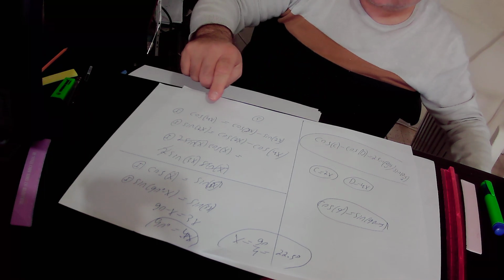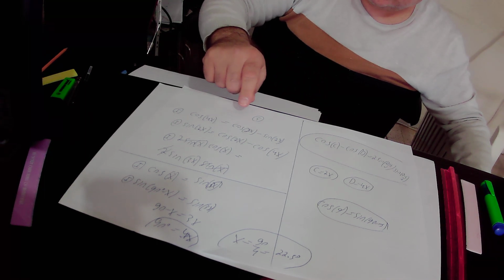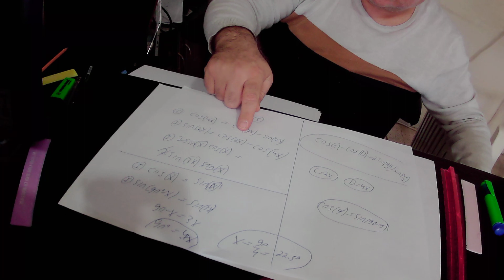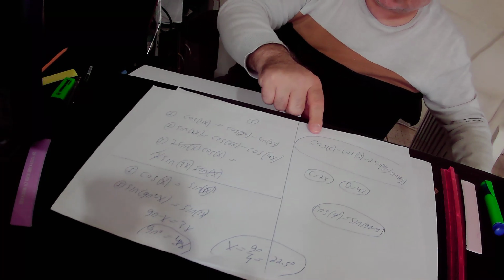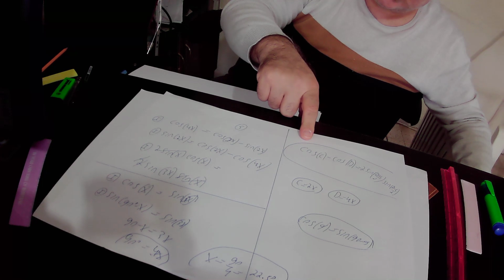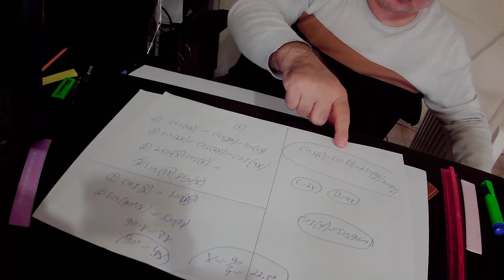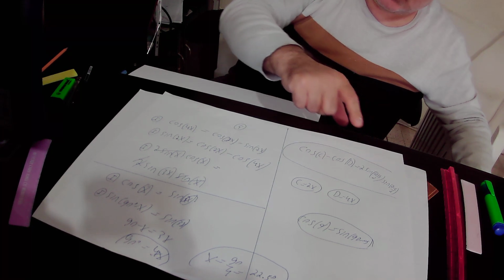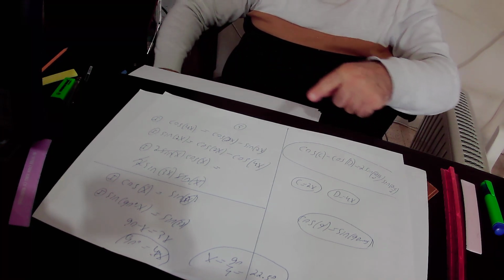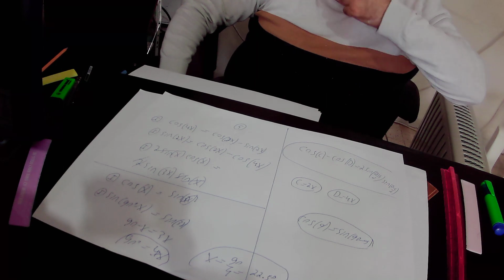Sine 2x equals 2 sine x cosine x, and cosine 2x minus cosine 4x equals, according to the trigonometric identity that cosine C minus cosine D equals 2 sine ((D plus C) over 2) times sine ((D minus C) over 2). Here C equals 2x, D equals 4x.